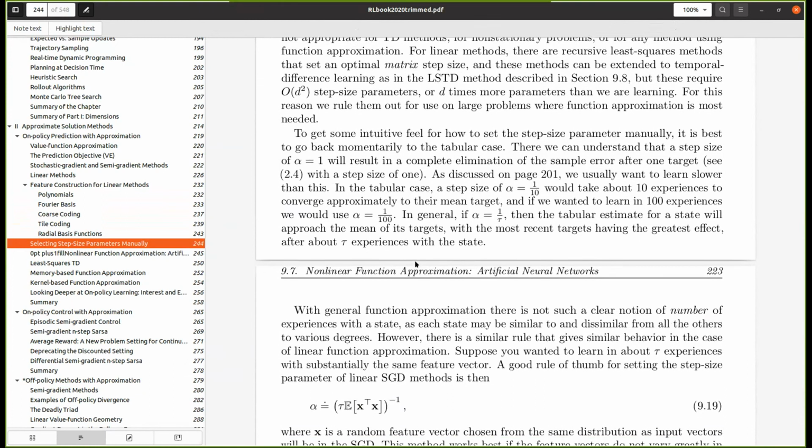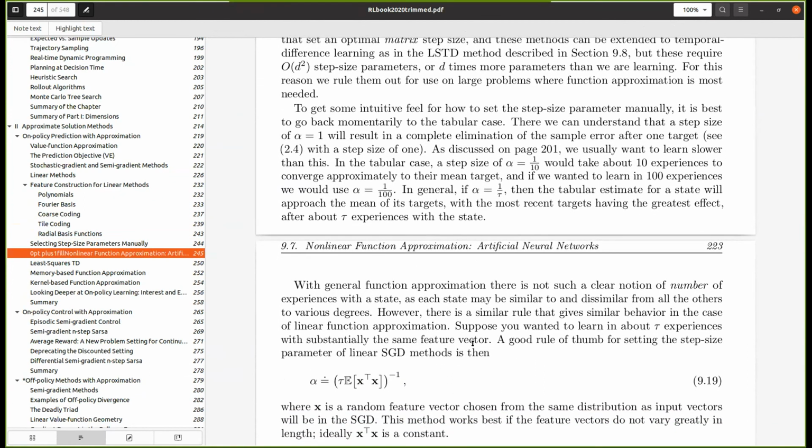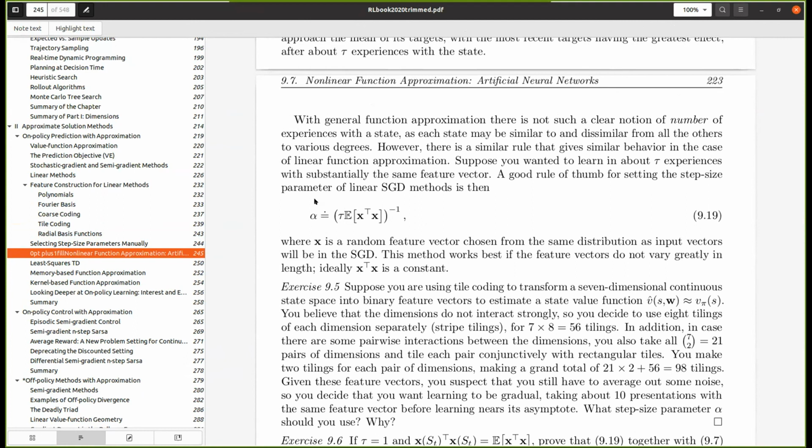They also give us a rule of thumb to choose a learning rate for SGD depending on your features, where tau is roughly how many experiences you want to have with the same feature vector.